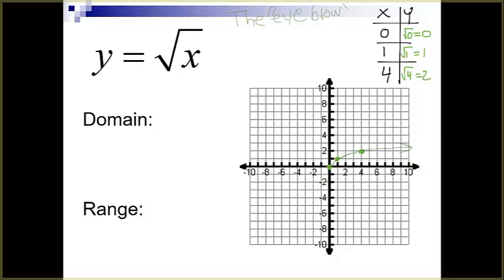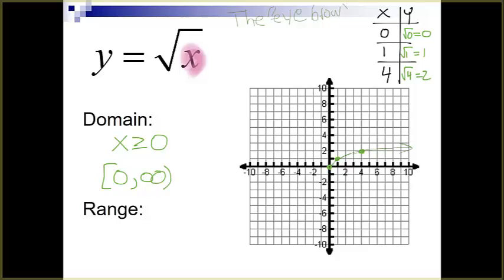Domain for this is a little tricky, so you need to look at what is underneath the square root, and whatever is underneath the square root, in this case x, has to be greater than or equal to 0. We don't have to do any algebraic work here, so my domain is going to be from 0 to infinity.